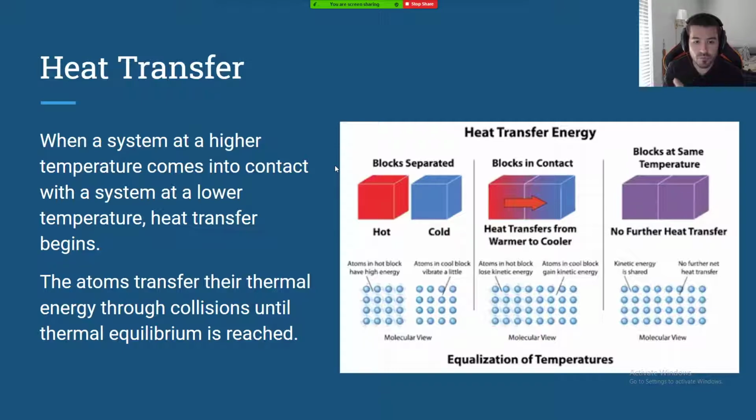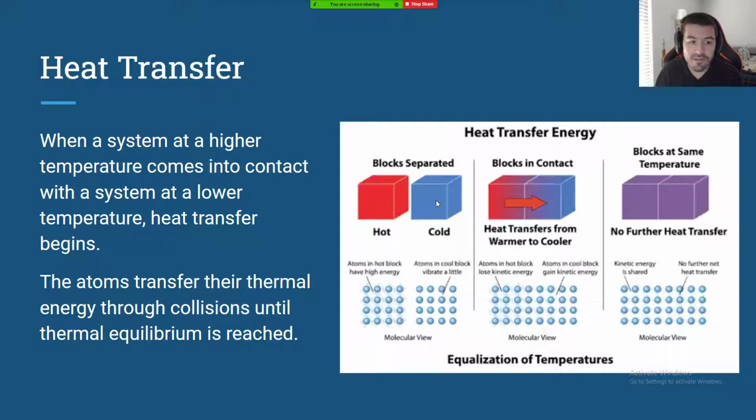Now, when you have two systems at different temperatures, their particles have different average kinetic energies. When you move those together, say a hot block and a cold block, let's say that these are metals, and we'll say they're solids, the heat from the hot block is going to transfer into the cool block.